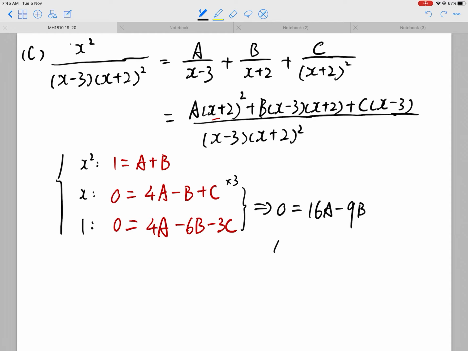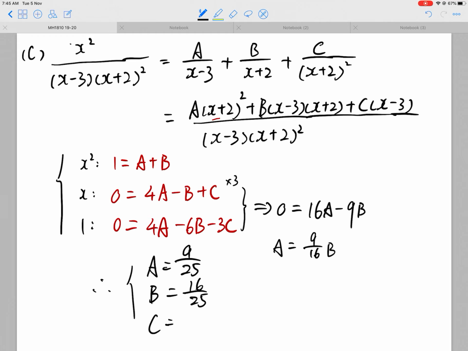So your a is 9 over 16 b, which you substitute back here. So your a is 9 over 25, your b is 16 over 25. And your c, then you substitute back here, is negative 4 over 5.